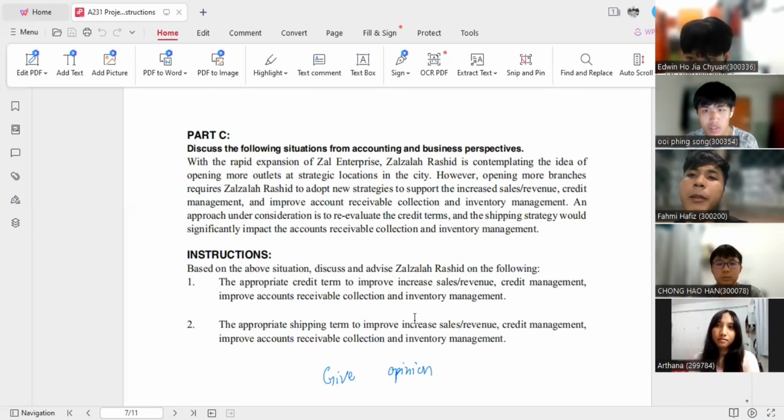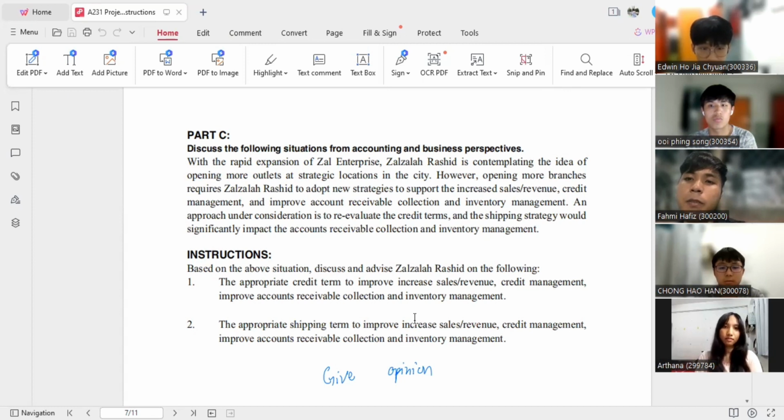Yeah, I agree with your point, but I would like to add my point. I think Zai Enterprise can also use credit limit and monitoring because it can establish a clear credit limit for customers based on their creditworthiness, and it can also regularly monitor customer accounts to identify potential credit risk and take proactive measures.